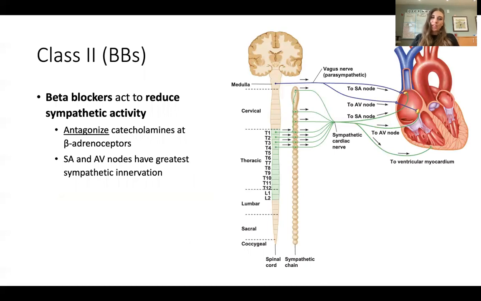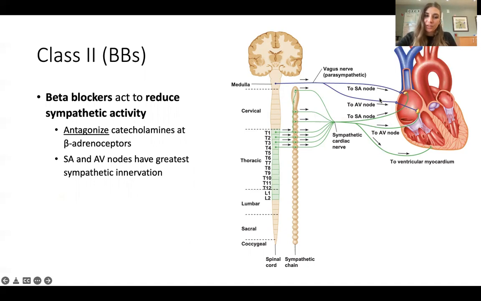And then we go on to the class 2s, and these include beta blockers. What I'm trying to do with this image here is explicitly show you how much your heart is innervated. Your SA node and your AV node have a lot of sympathetic innervation and a lot of parasympathetic innervation, so your vagus nerve.